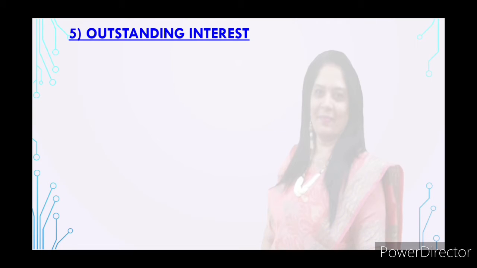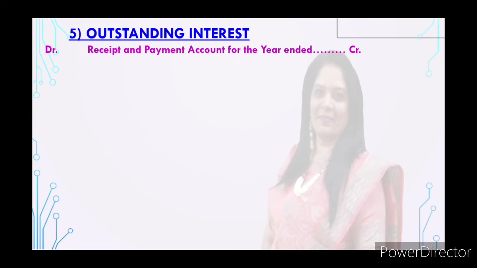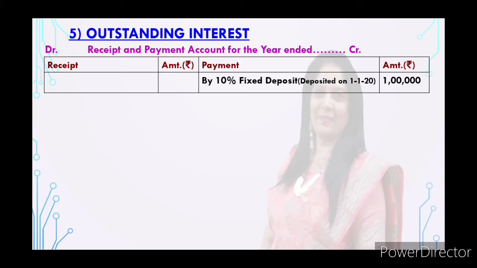Outstanding interest. The receipt and payment account. Here it is given on the payment side: by 10% fixed deposit. It means the amount is deposited as a fixed deposit, rupees 1 lakh, and in brackets it is mentioned that it was deposited on 1st January 2020.